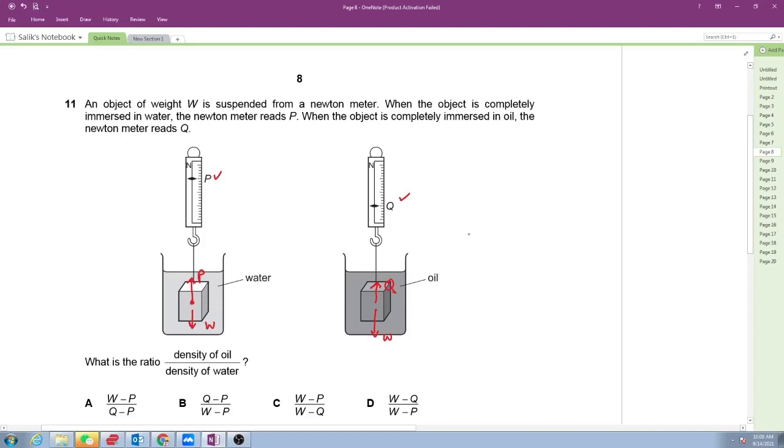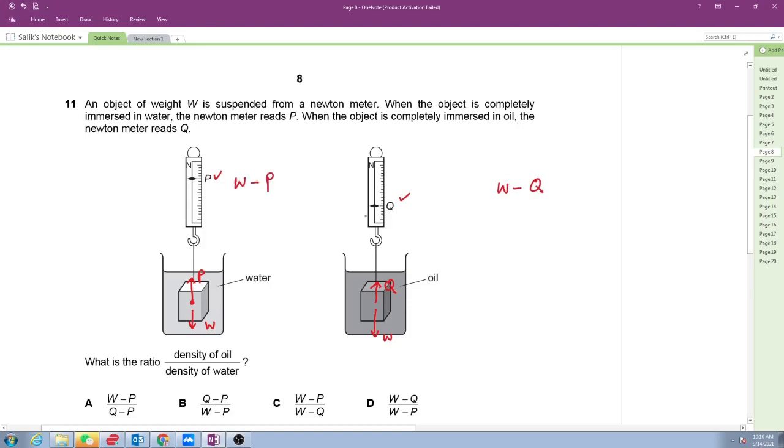If we write the equations for the resultant force, we can say the upthrust force, because the object is immersed in water and oil, is W minus Q for this one and W minus P for that one.